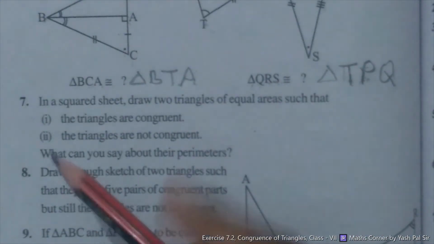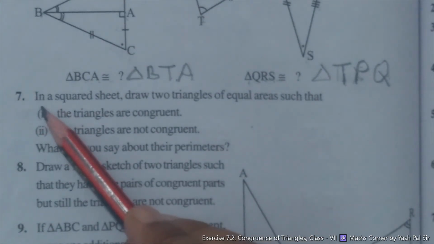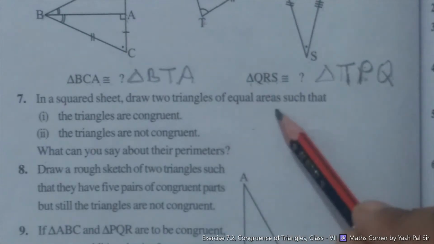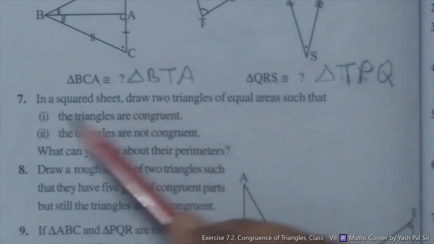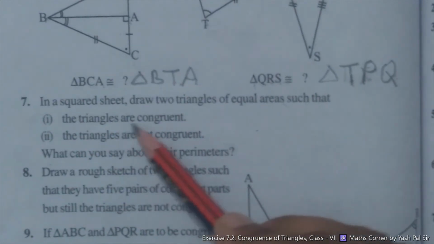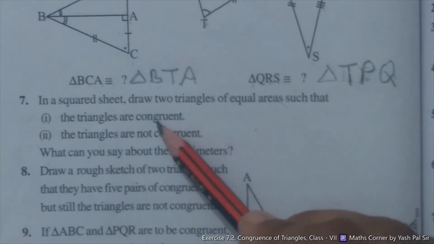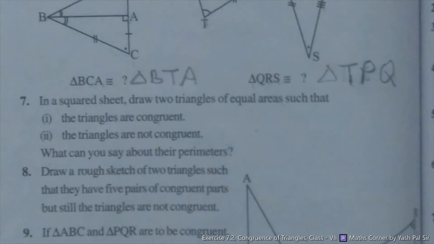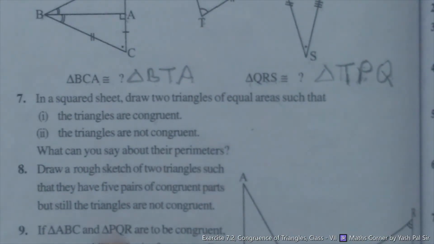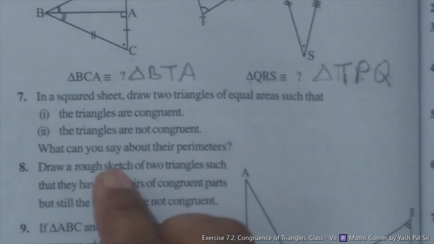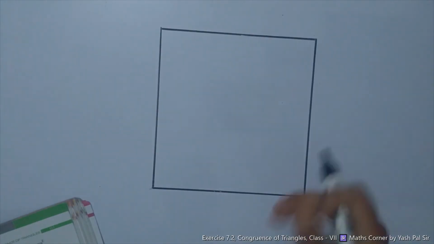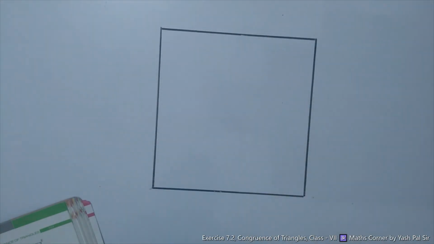Our next question is question number 7. In a squared sheet, draw two triangles of equal areas such that, number 1, the triangles are congruent; number 2, the triangles are not congruent. What can you say about their perimeters? So here first of all we have one square.